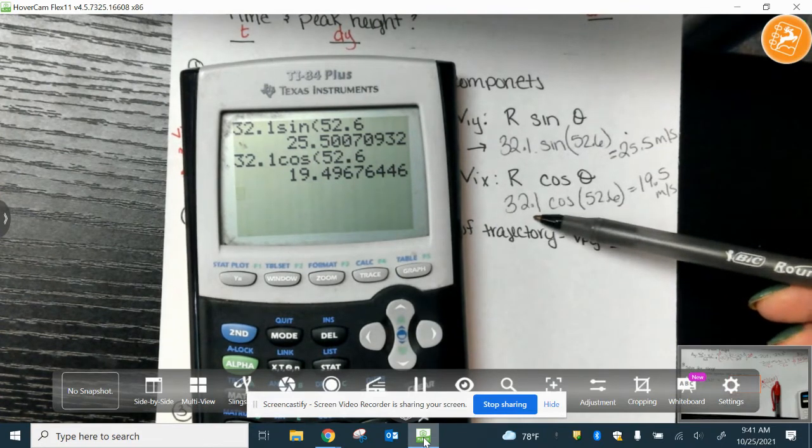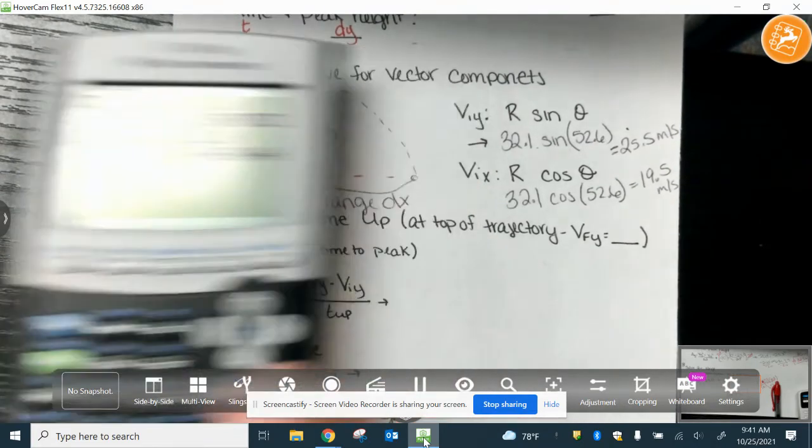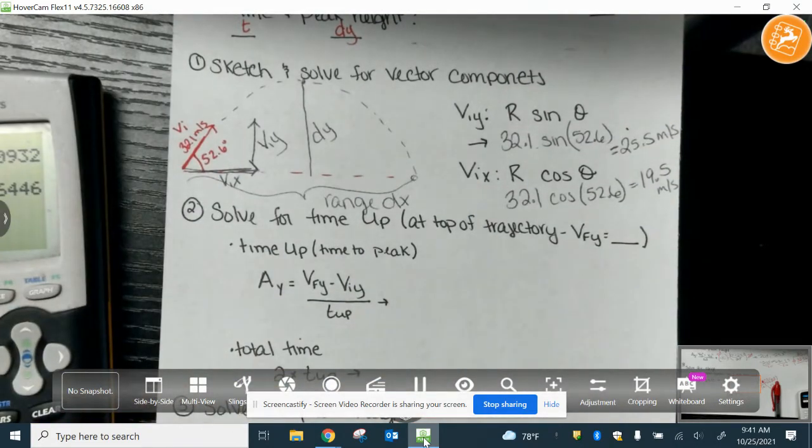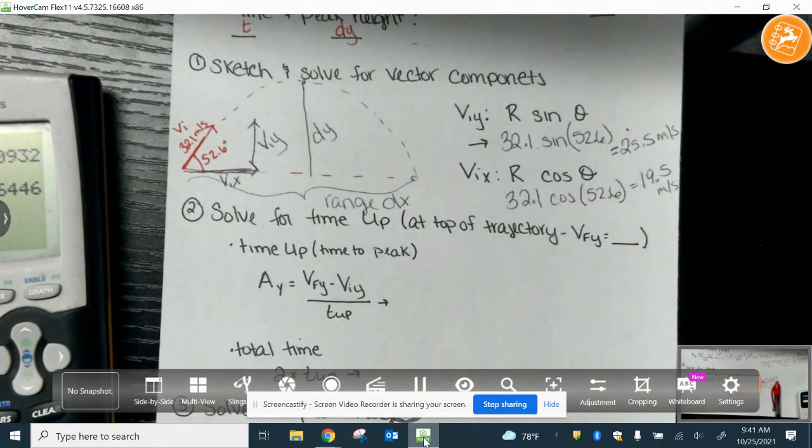This has 3 sig figs, this has 3 sig figs, so we're just going to keep it at 3 sig figs if we can. All right, so now I have my initial velocities in both the x and the y direction, but I'm nowhere near being done on this.